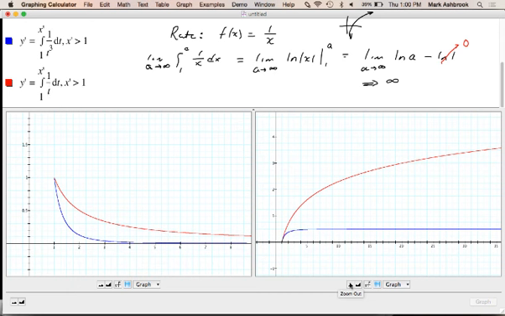So the red rate graph now is 1 over x, and the red one over here is the corresponding quantity.